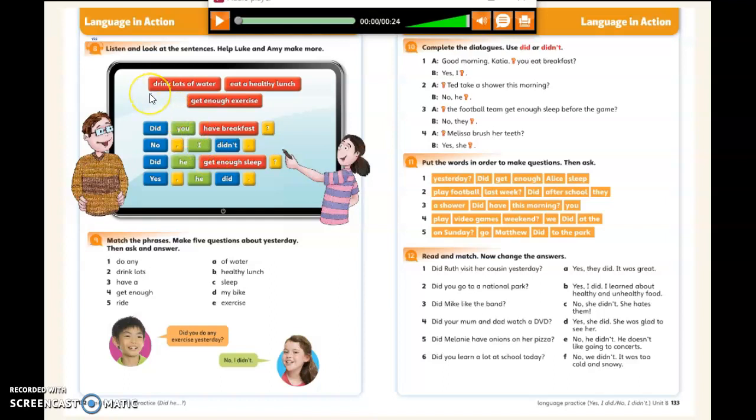Now, could you try to make some more sentences here? Start with drink lots of water. So yes, the question is, did you drink lots of water? And the answer will be either yes, I did, or no, I didn't.